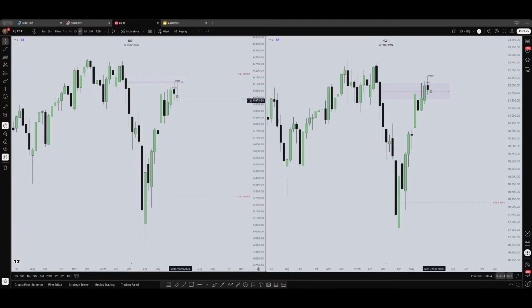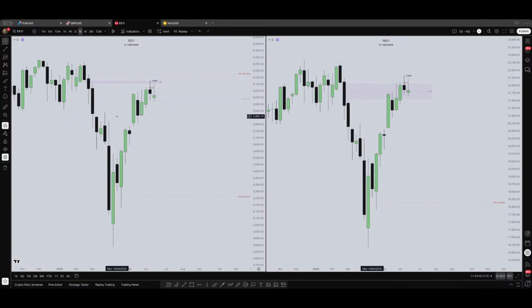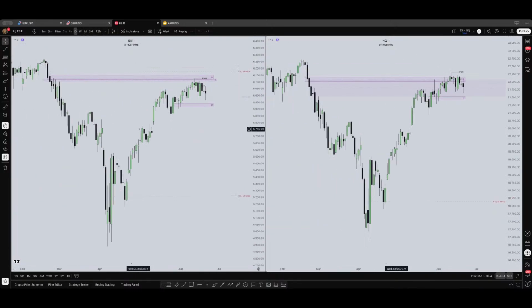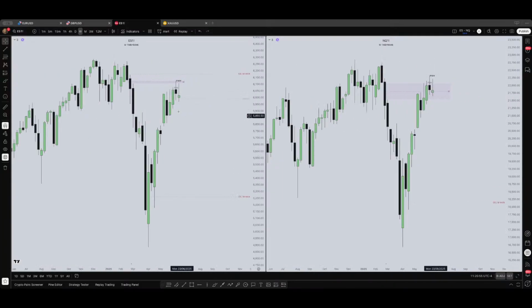But in this case, in ES and Nasdaq, I'm also checking divergences, for example. You're looking also for the stronger and the weaker.